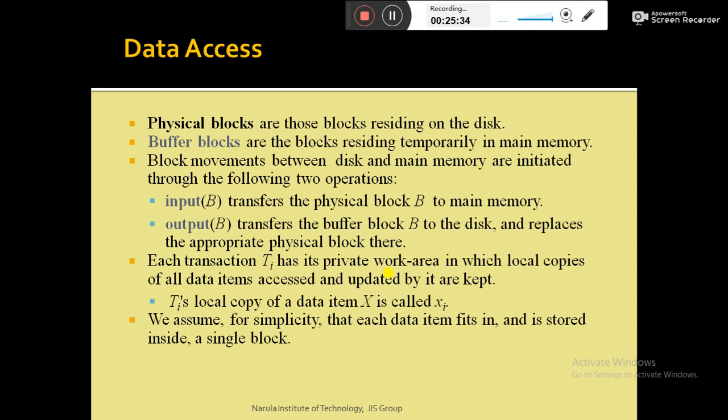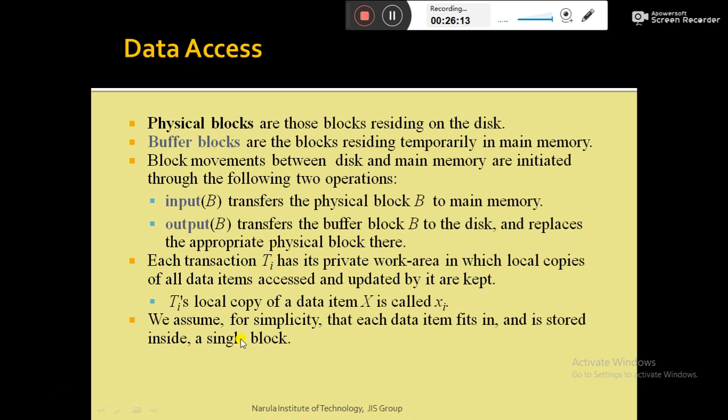Every transaction is associated with its own private area within the RAM, and all the local copies are maintained. From the buffer block, the same copy is copied into the personal private work area, and whatever updation happens, all is on that private work area. Ti's local copy of the data item X is called Xi. So Xi is the local copy of the transaction Ti, which is present in the private work area.